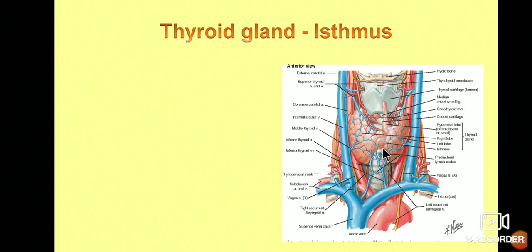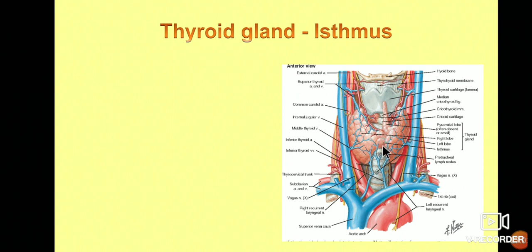Now coming to the isthmus. Isthmus is a narrow connecting part which connects the two lateral lobes, and it is situated in the anterior median plane. It has a superior border, an inferior border, an anterior surface and a posterior surface.